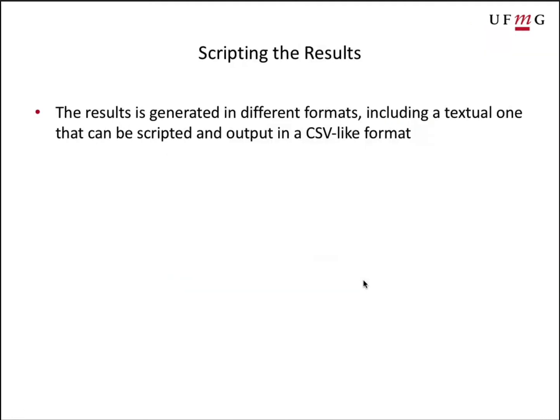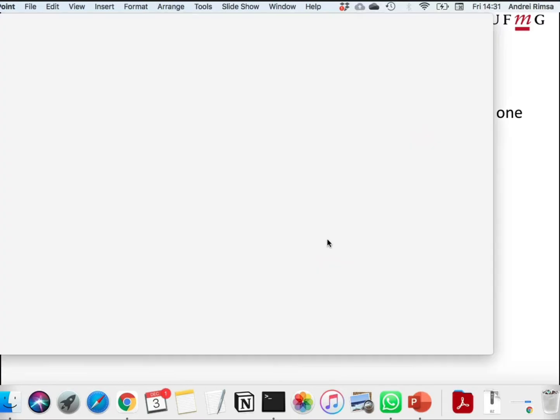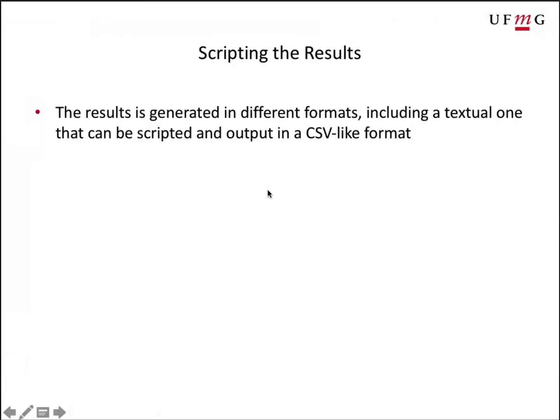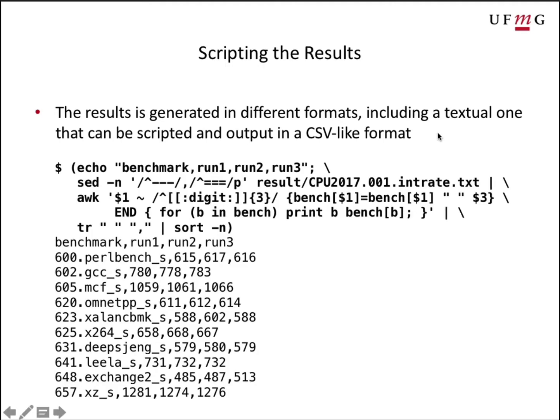So another interesting thing, sorry guys, is that this would be hard to extract information from in the PDF file, but they also report in a textual file. So they also put something like SPEC 2017 iterate.txt.